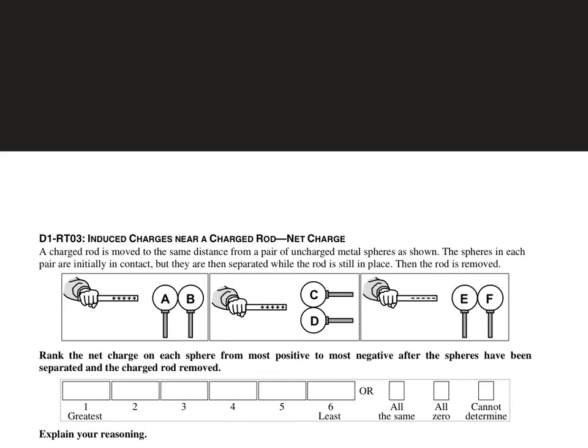Technically A and B are touching, so they're like one big sphere. Effectively, any two conductors that are touching are like one conductor. Because electrons know if there's room on the other side, they will go.